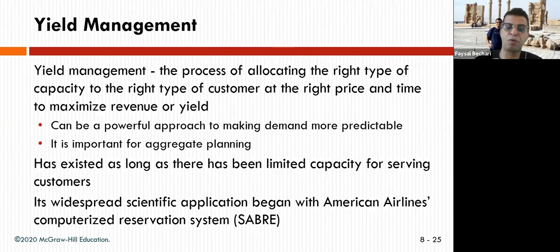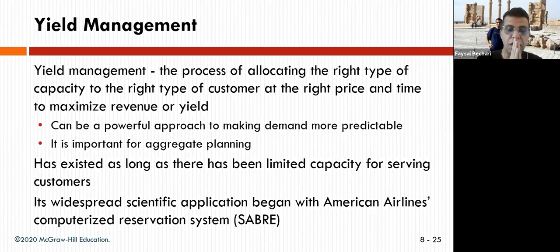It can be a very powerful approach to making the demand more predictable. If you can predict all these, it's very powerful, where you can survive with a minimum profit. And it's also important for aggregate planning to do it this way.